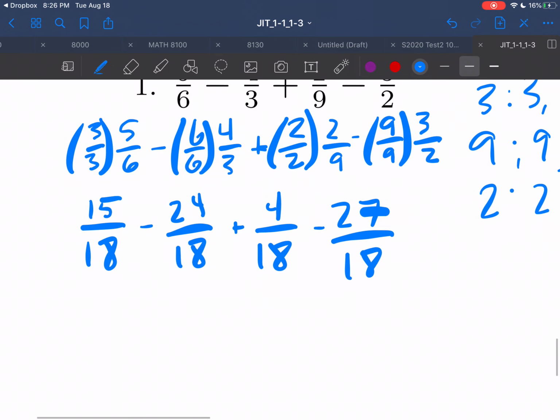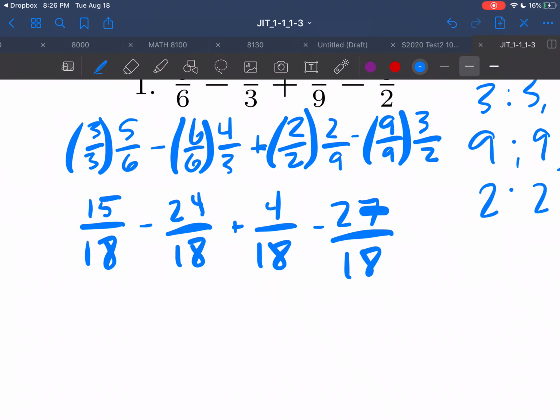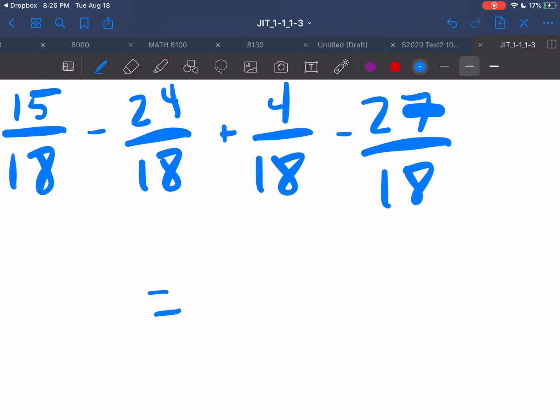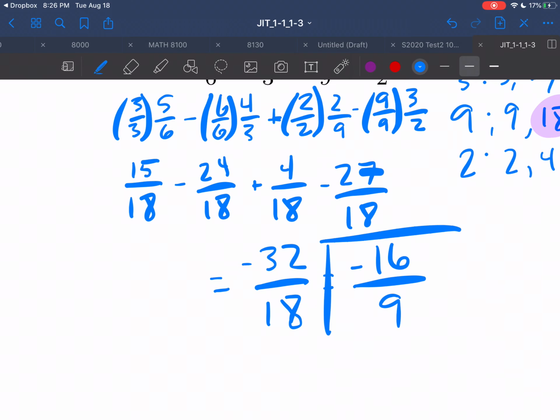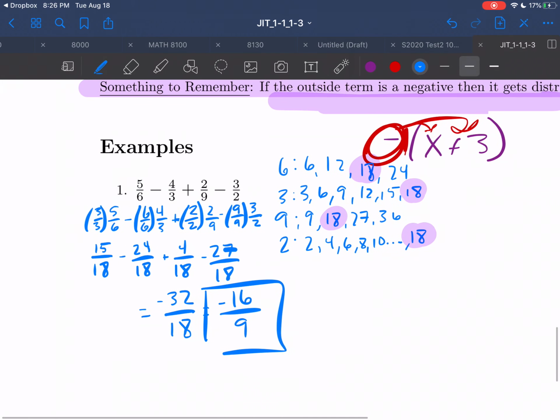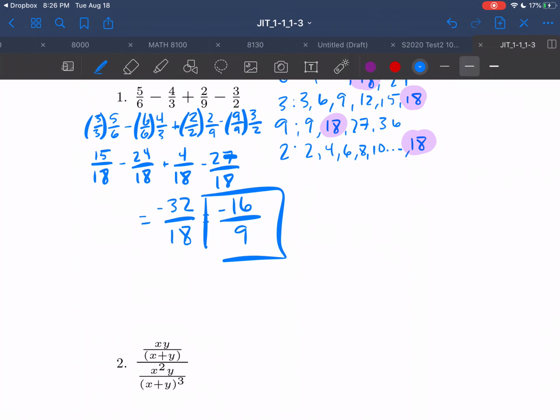And then if you do 15 minus 24 plus 4 minus 27, that gives you negative 32 over 18, which we can divide both by 2, and that gives us negative 16 over 9. So, that was a slightly more complicated example with addition and subtraction.